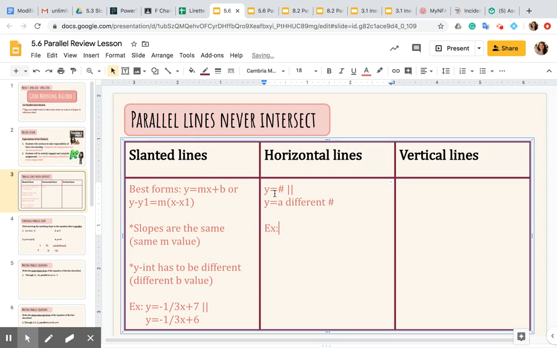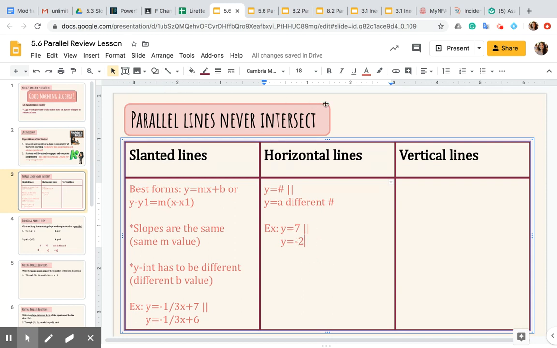Here's an example. If I gave you y equals 7, this is going to be parallel to y equals a different number. And it can be any number, unless I give you a specific point, then it's going to be a very specific number. Okay, so I could say y equals -2. These are both horizontal lines.